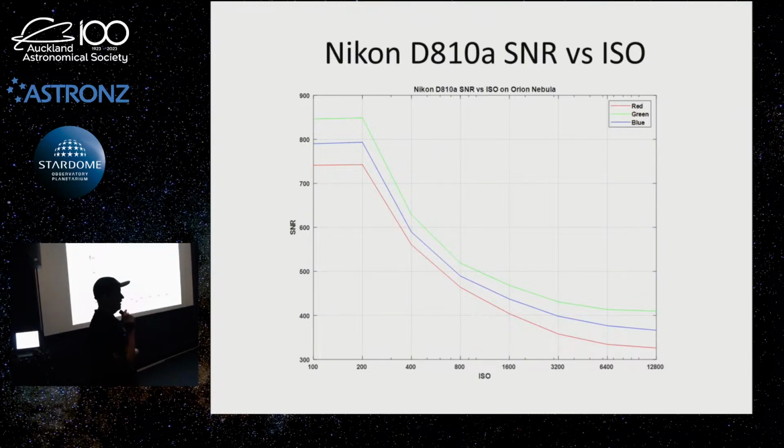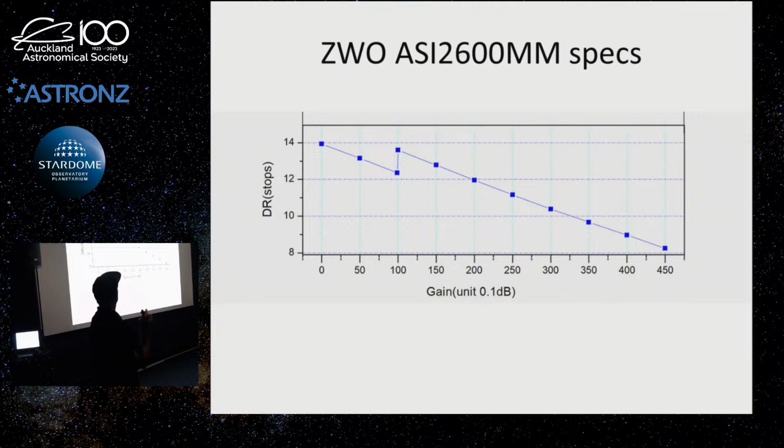Now, modern DSLRs and Astro cameras are CMOS, and they have, as Eric mentioned, 2 stages of amplification. So this is the ASI 2600, which Robert is using, and this is the dynamic range as a function of the gain.